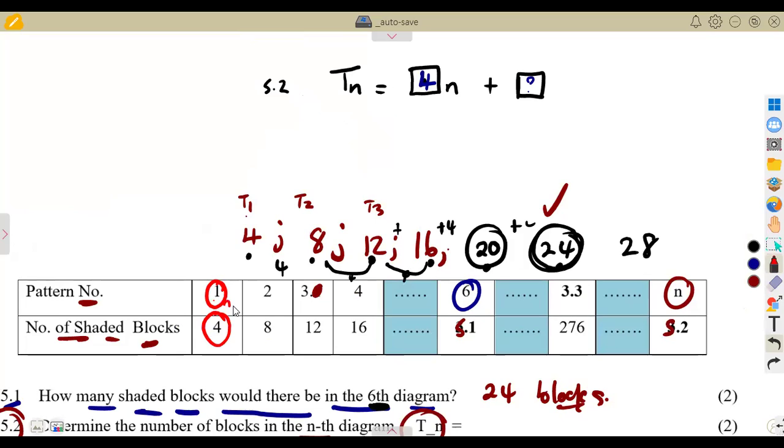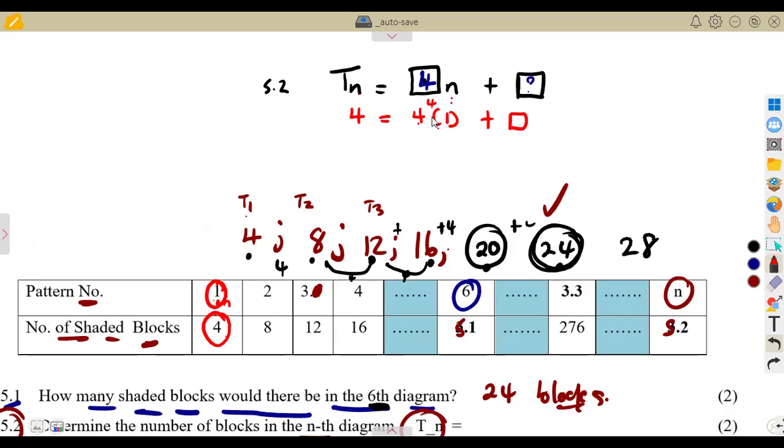So n is 1, then T1 is a 4. You can substitute: 4 is equal to 4 times n, the pattern number, which is 1, plus this part that you need to calculate. Maybe you can call it b, you can call it whatever you want. As you can see, 4 times 1 is 4.